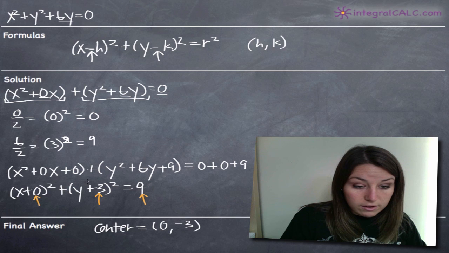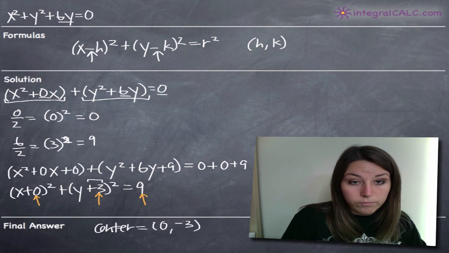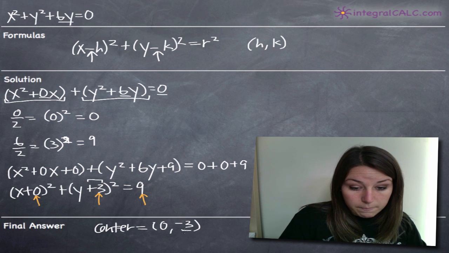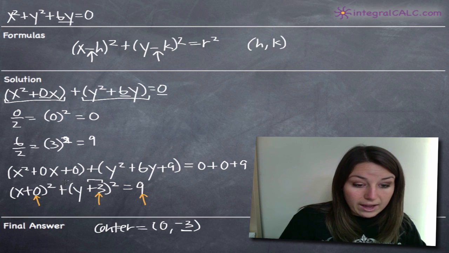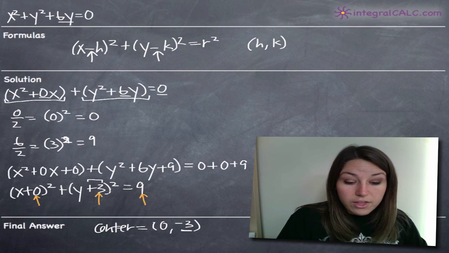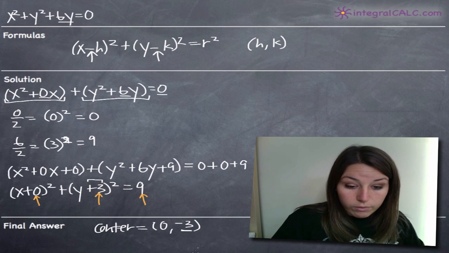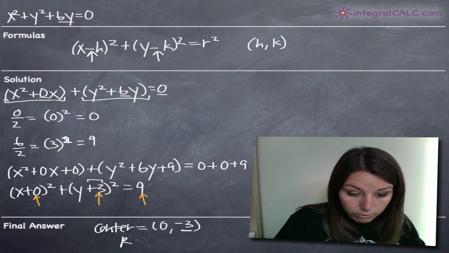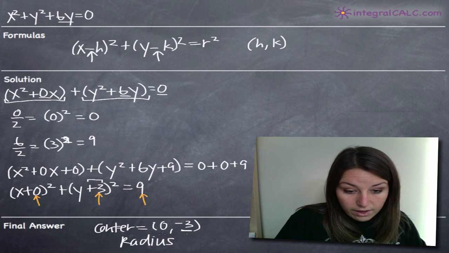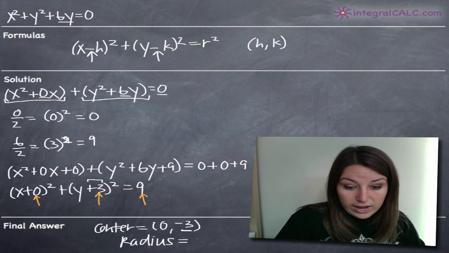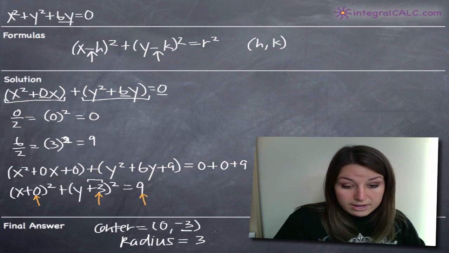Because this here is plus 3 and the formula is minus k, in order to get plus 3, k has to be negative 3. So the center is actually at 0, negative 3. If we had y minus 3, then our center would be at 0, 3. Our radius is going to be the square root of the right-hand side. The square root of 9 is 3, so the radius of this circle is 3.